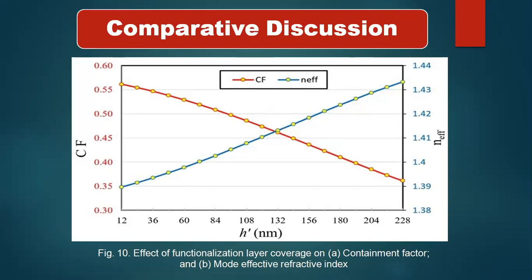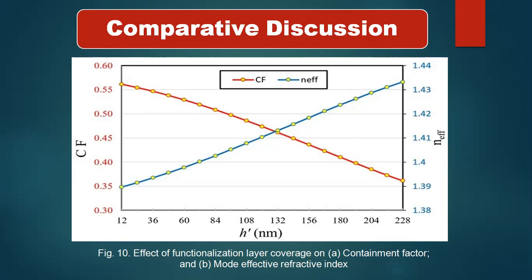So for this, we looked at how the containment factor and the effective refractive index change with the functionalization layer coverage. Initially the functionalization layer coverage was taken as 12 nanometers, and it was eventually increased stepwise to 228 nanometers.